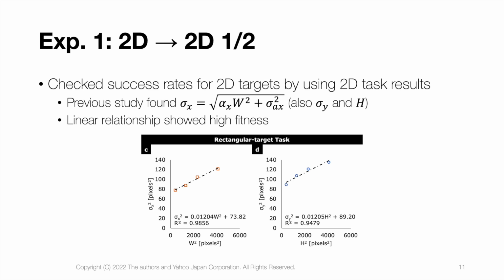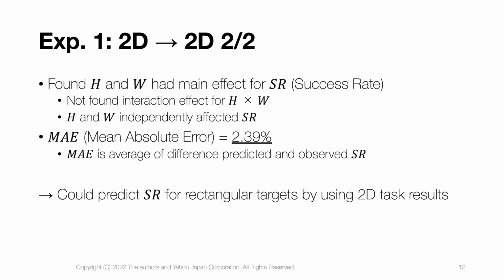A previous study found a linear relationship between the sigma and width. We also found that the relationship showed a high fitness. We found that the height and width had a main effect on the success rates, but did not find an interaction effect for the height and width.